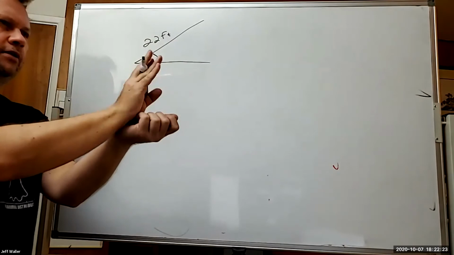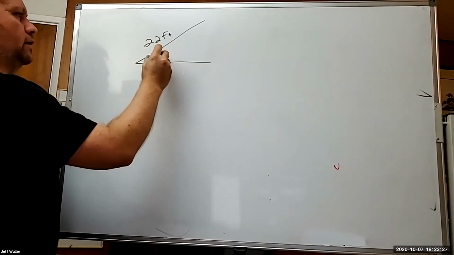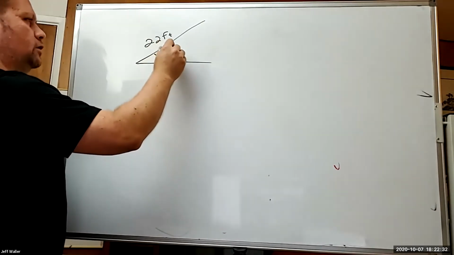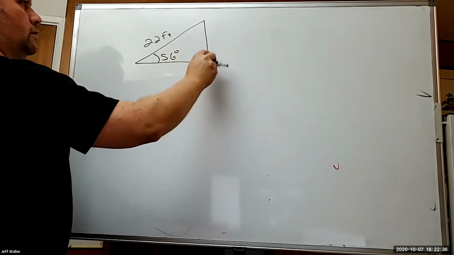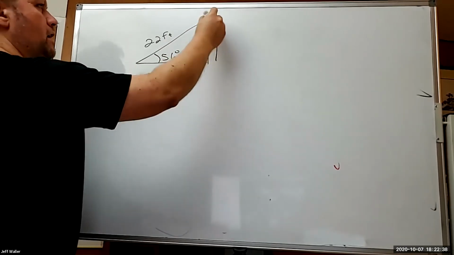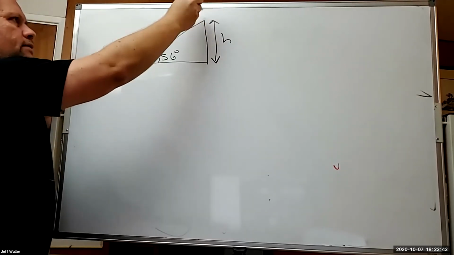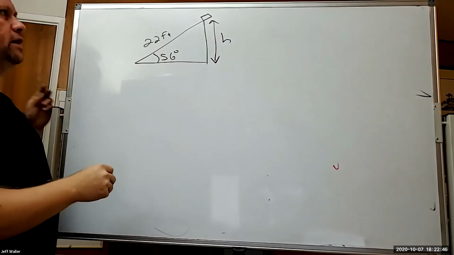For some reason, I paid too much money for this kite. It's got an angle measurement there. And I know that this angle is, Jeff, what is it? 56 degrees. So now I'm curious, how high up in the air is my kite?